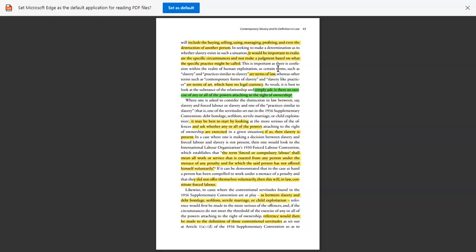So they tell you right here, certain terms, such as slavery and practices similar to slavery, are terms of law, where other terms, such as contemporary forms of slavery and slavery-like practices, are terms of art which have no legal currency. So that's an important area to understand right quick.